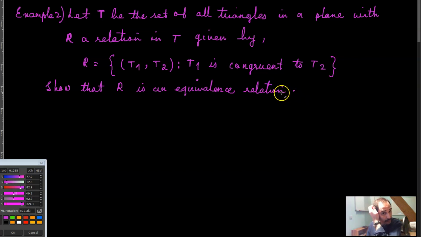So basically T is the set of all triangles in a plane, and R is a relation in T given by all the ordered pairs T1 comma T2 such that T1 is congruent to T2, and you want to show that R is an equivalence relation.